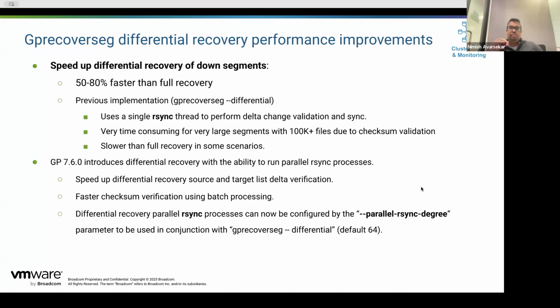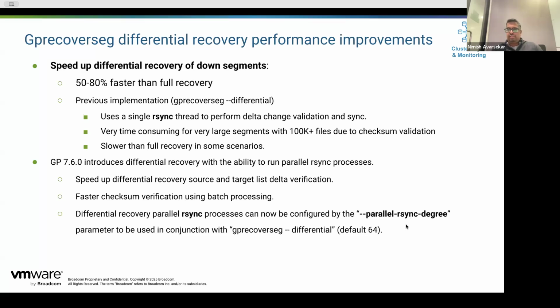This enables differential recovery to parallelize all the checksumming, the rsync changes, etc., which will speed up the differential recovery. We've done some internal testing on medium to large clusters, and we've seen almost 70 to 80% increase in performance as compared to prior differential recovery versions.